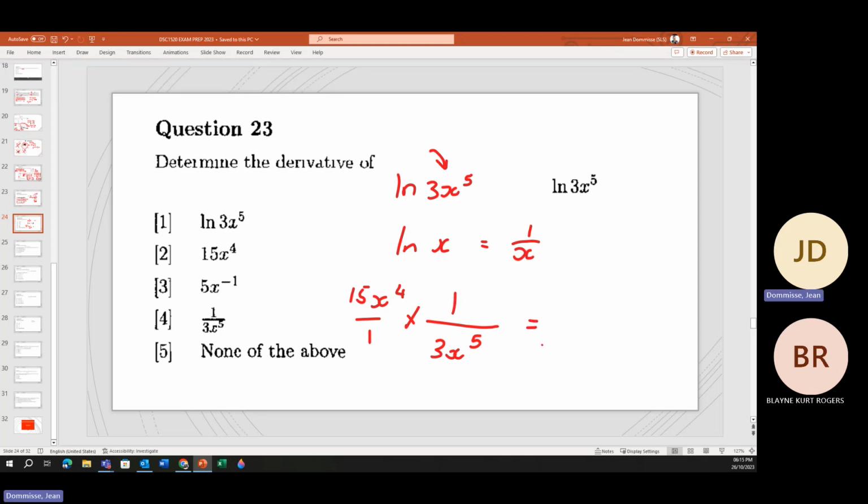That is nearly where I want to go with this, and then we're sitting with 15x to the power of 4 over 3x to the power of 5, which gives us 5 over x, which gives us 5x minus 1, which is option 3.